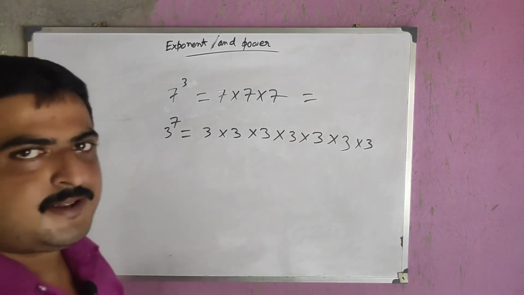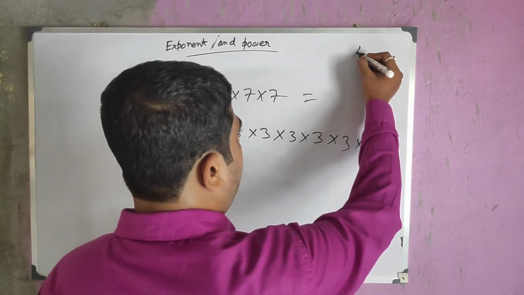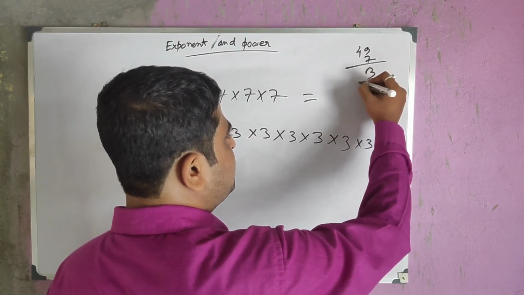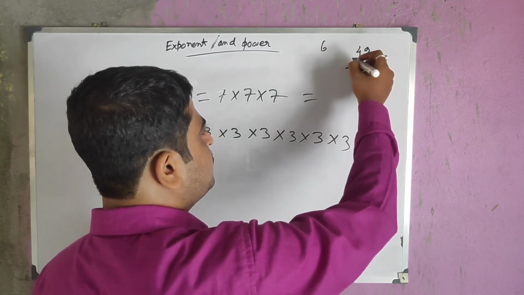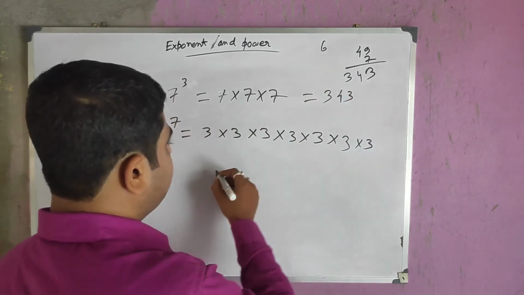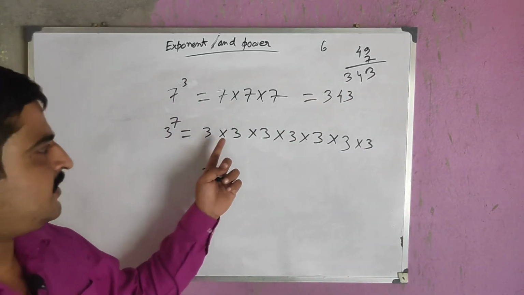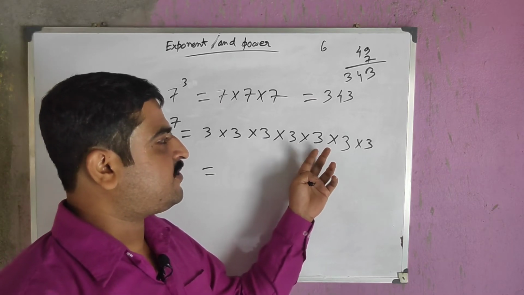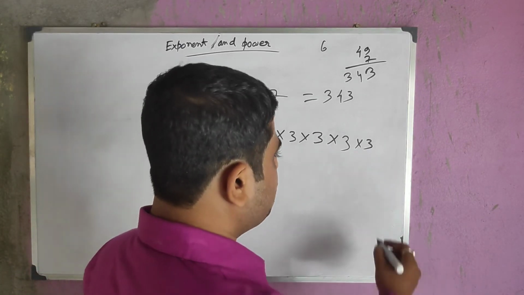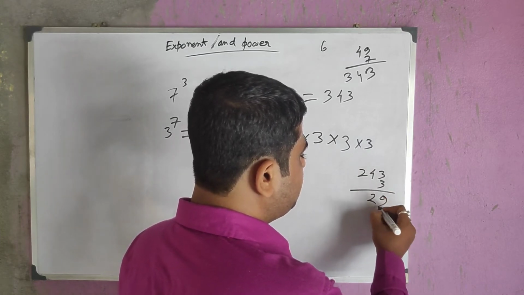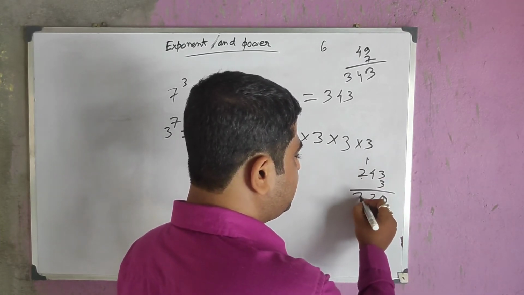So 7 7s are 49. 49 and 7, 7 9s are 63, carried 6. 7 4s are 28 and 6, 34. So 343. Here 3 3s are 9, 9 3s are 27, 27 3s are 81, 81 3s are 243, 243 3s: 3 3s are 9, 3 4s are 12, carried 1, 3 2s are 6 and 1, 7.